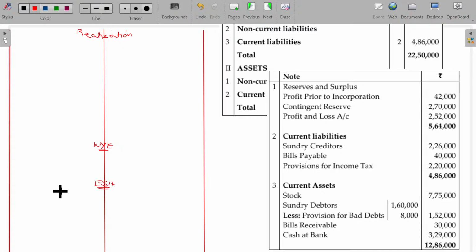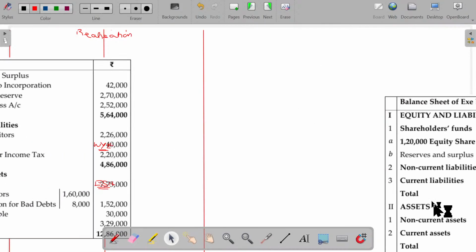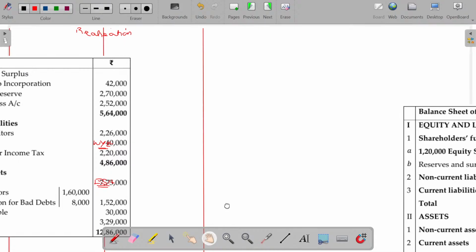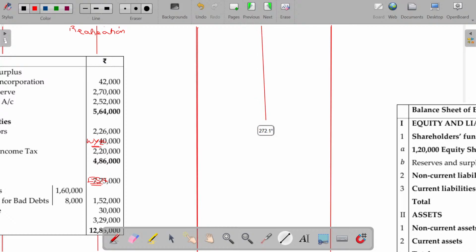Better to open the cash account also. Open the cash account also. Cash.